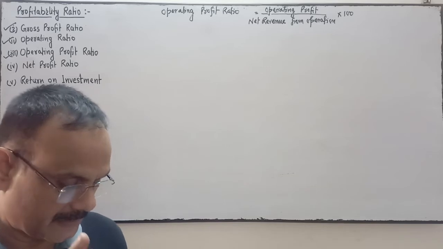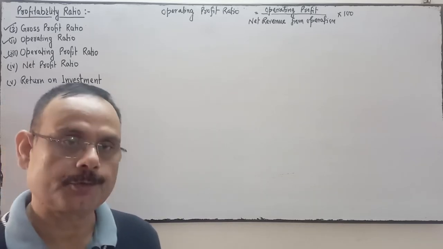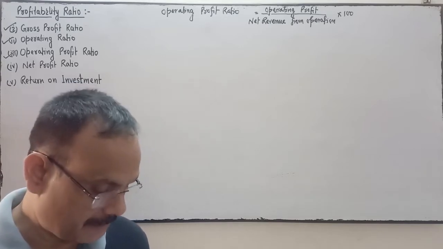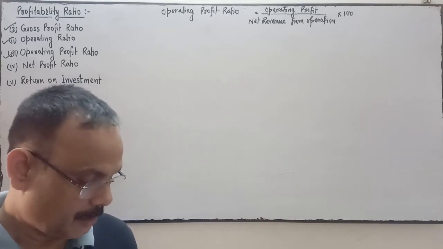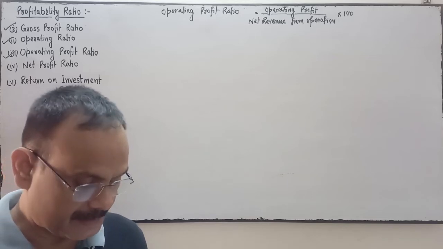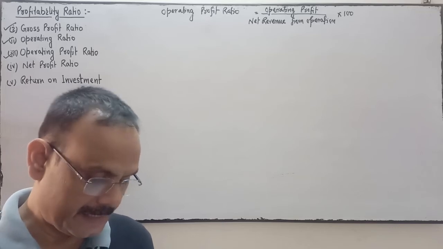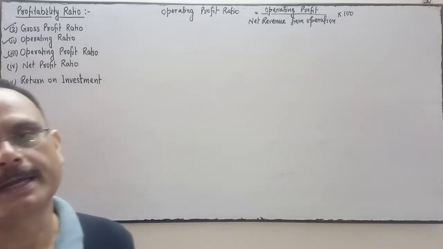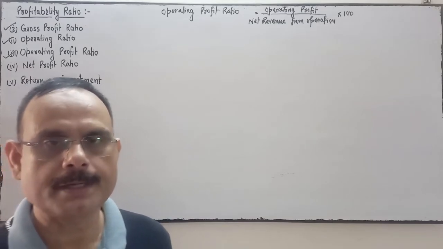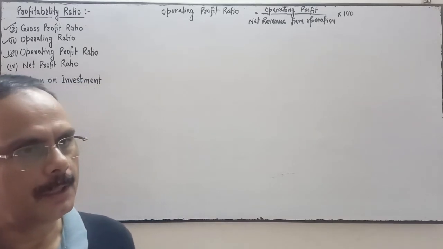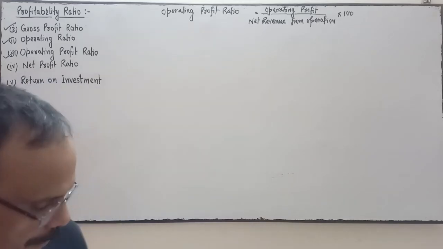Revenue from operation 8 lakhs, that is net sales. Gross profit 25% on cost is given. Selling and administrative expense 20,000. Selling expenses 28, office and administrative 20. Loss by fire is non-operating expenses, so this will not be considered while calculating the operating profit.